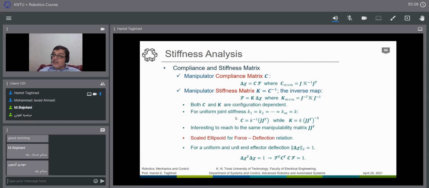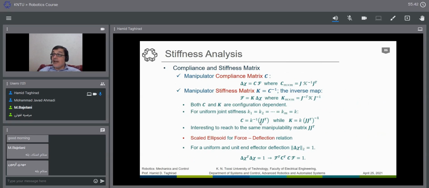So consider this compliance matrix, K minus 1 JJ transpose. Usually if you would like to just imagine or evaluate the concept, we can consider a unity matrix or one value for K to just have the Jacobian transpose. You'll see that if K is 100 or 10 or something, then you can just have a simple gain to that. The structure will be given by JJ transpose.